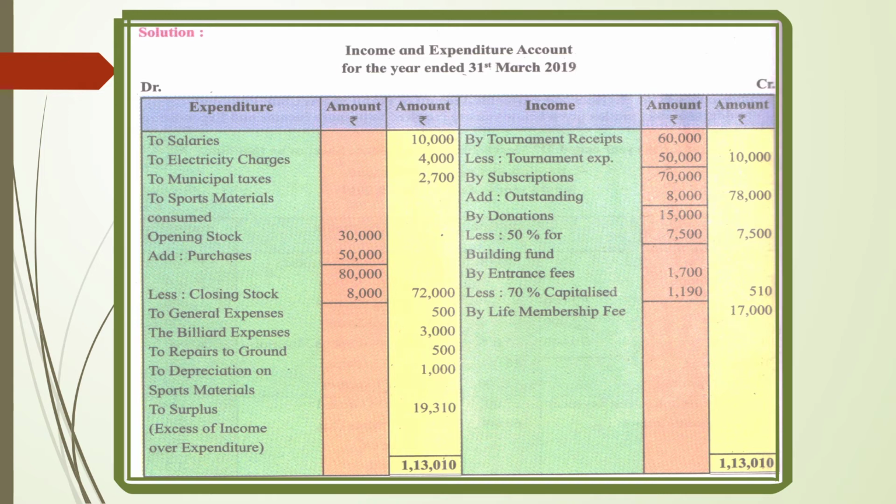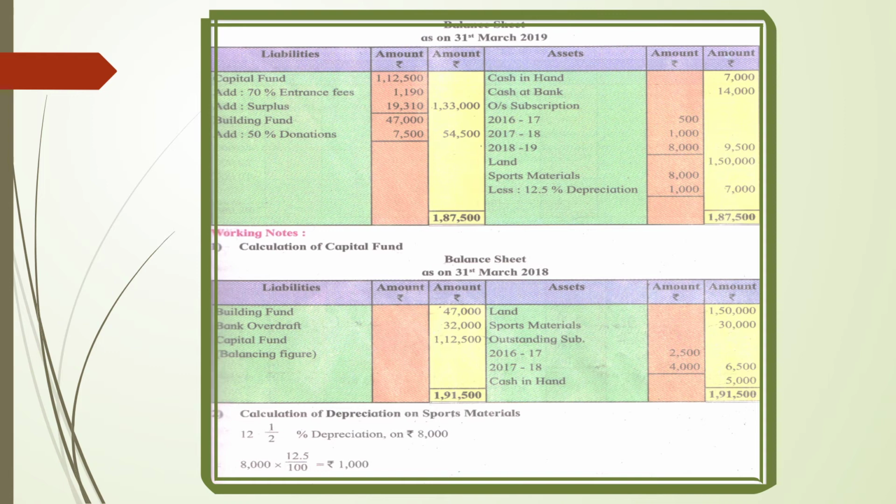So clear this receipt side. Come to the payment side. Bank overdraft. I already told you that last year it was pending. So this year we have paid. Second item is salaries.